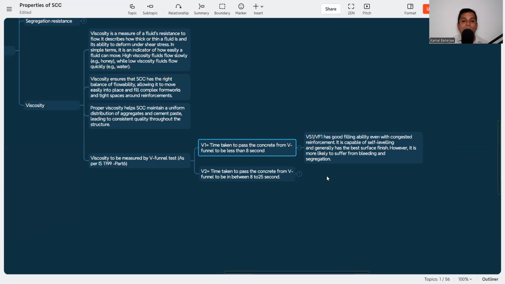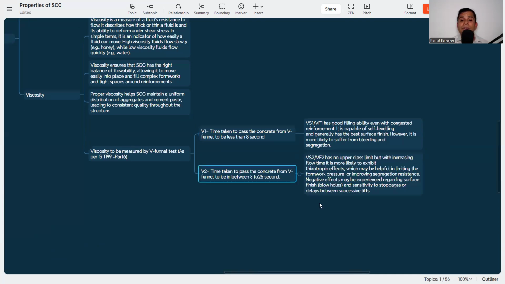And V2, or VS2 or VF2, has no upper class limit, but with increasing flow time, it is more likely to exhibit a thixotropic effect. I'll explain what thixotropic means later, but it may be helpful in limiting the formwork pressure. It is important to understand that self-compacting concrete, when flowing under its own weight, exerts more pressure on the surface of the formwork.